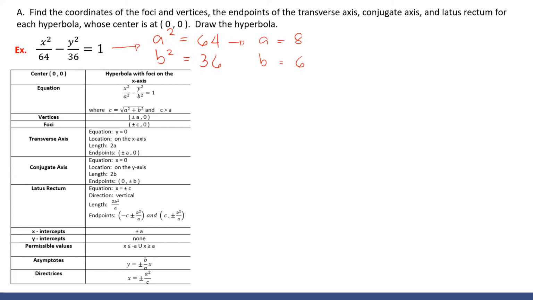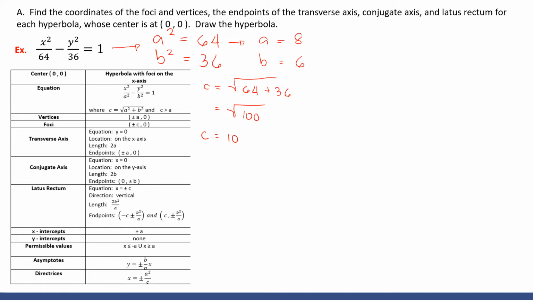After knowing the values of a and b, we can now solve for c. To get c, it is equivalent to the square root of a squared, which is 64, plus b squared, 36. It happens that 64 plus 36 is 100, and the square root of 100 is 10.